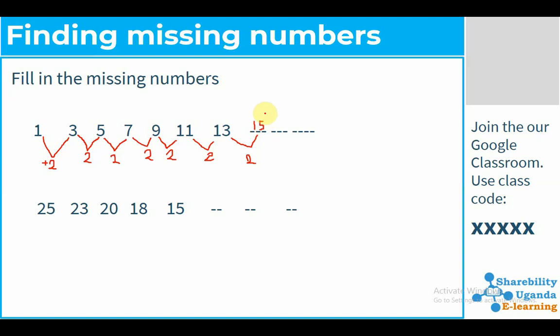We shall come up with a 15. Then we are also going to make our addition as 2, because this one we are just adding. So when you add a 2 plus 15, you come up with 17. When you add our 2 plus 17, we shall be able to come up with 19.